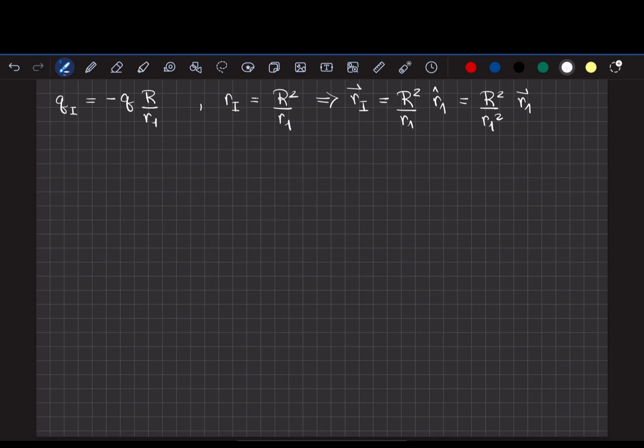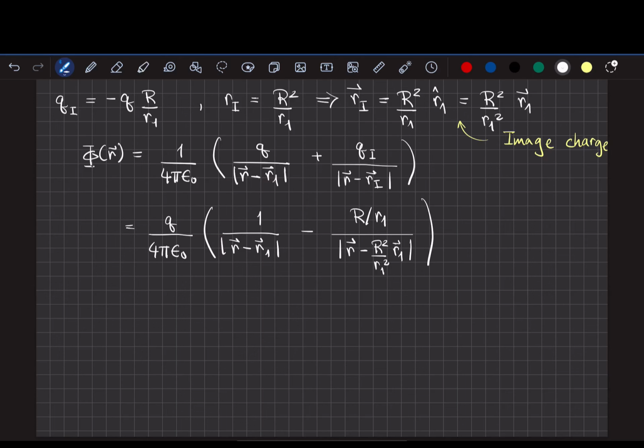Alright, so our potential is now given by, so this is our potential outside the sphere.